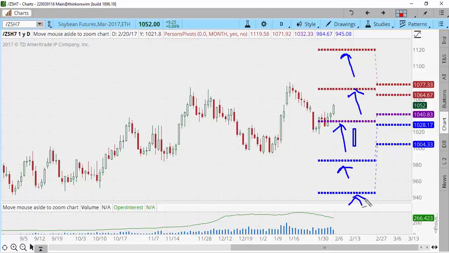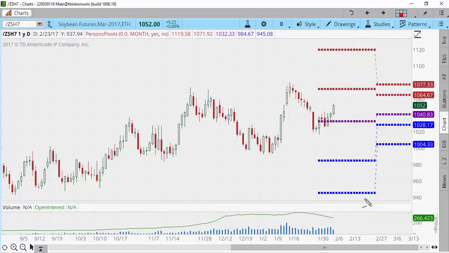So every single line represents a support and resistance level. Okay, so at this point in time, I'm also looking at the price action as well. I don't just trade purely on support and resistance. So you need to understand the price action also.